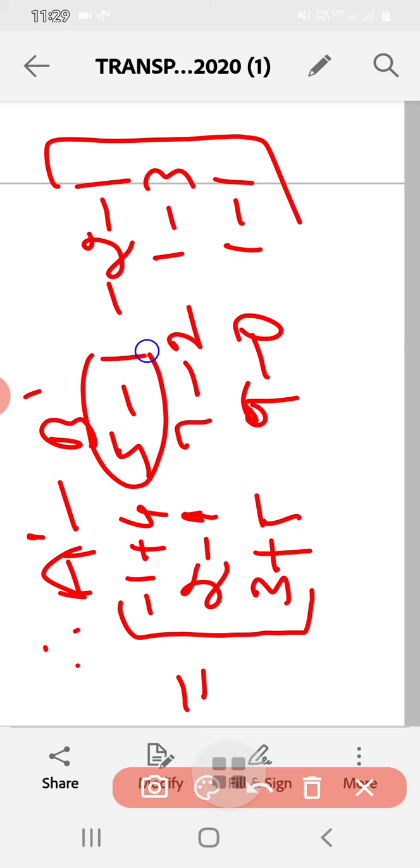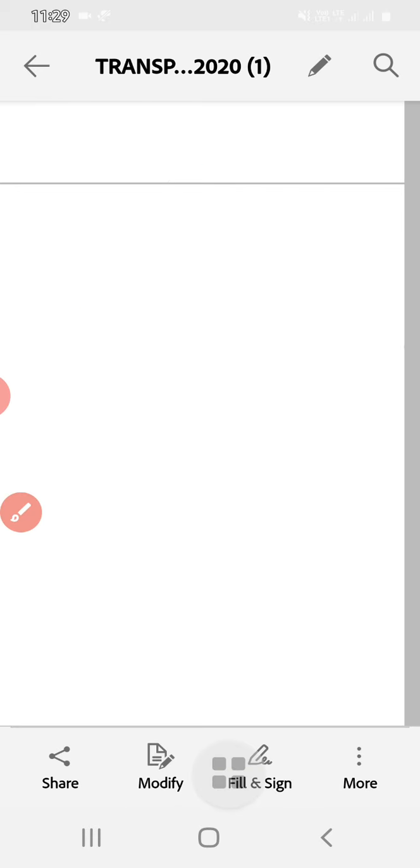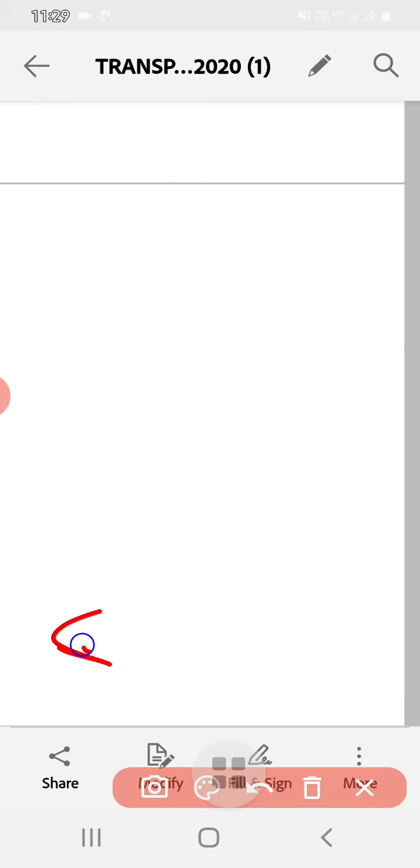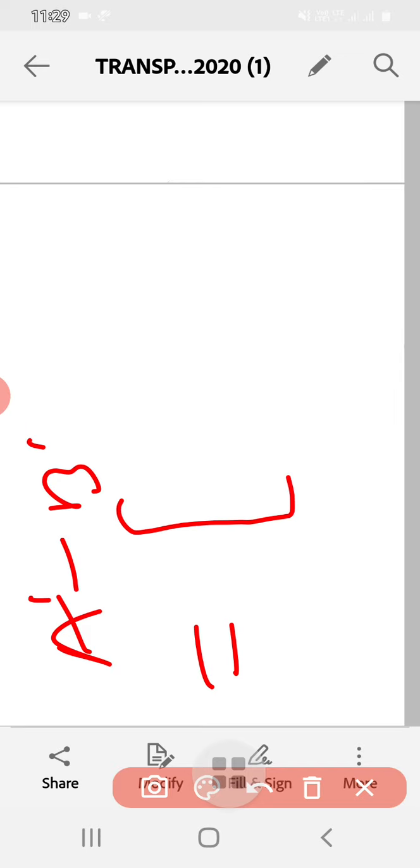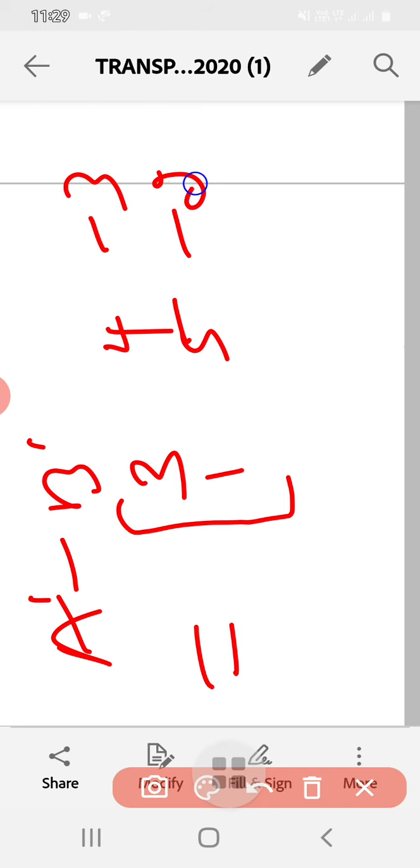Next, after simplification, I will write it in the next step. A dash minus B dash is equal to: minus 1 plus 4 is 3, 5 minus 1 is 4, minus 2 minus 1 is minus 3, 2 minus 1 is 1, 7 minus 2 is 5, 1 minus 3 is minus 2, then this is 8, 9 minus 0 is 9, 1 minus 1 is 0.